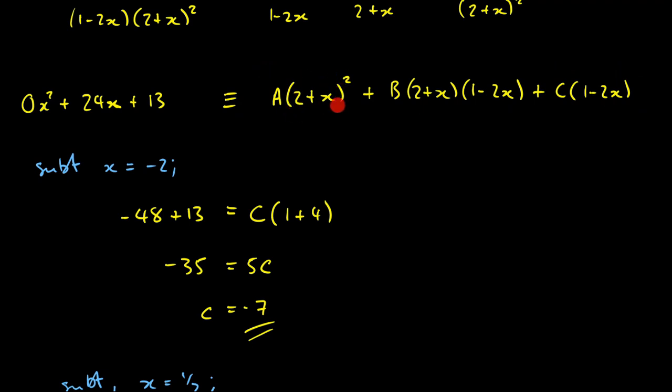If I square this bracket out, the constant term is going to be 2 squared, which is 4. These brackets, if I expand them, I'm going to get 2 times 1, which is just 2. And with this bracket here, I'm just going to get 1 times c. So in other words, 13 should be equal to 4a plus 2b plus c. So that's what I'm going to write.